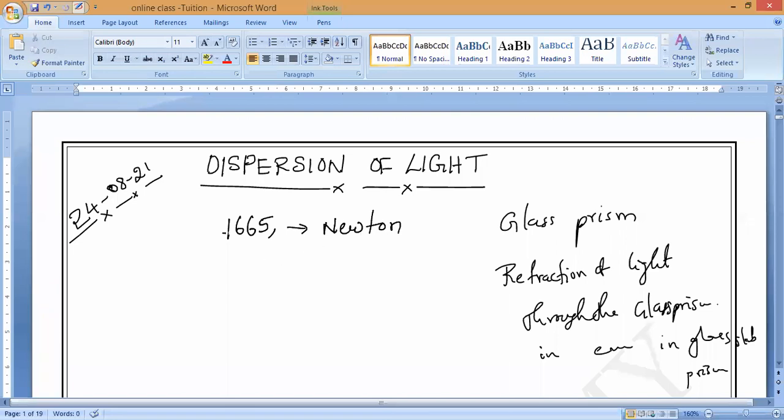Do you understand that? In the year 1665, when he was doing the experiments, he found with the help of glass prisms that white light is a mixture of colors.